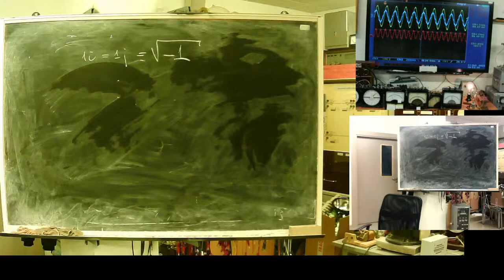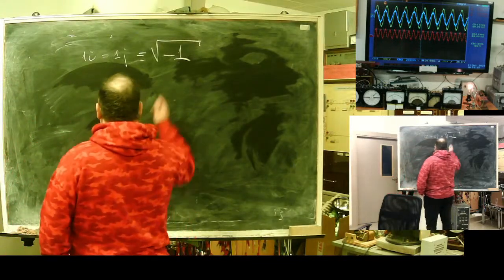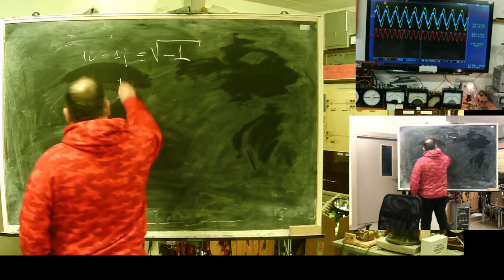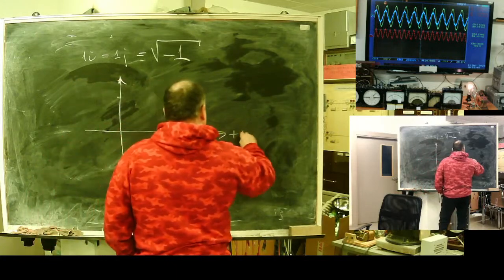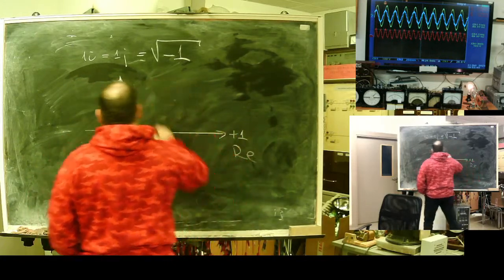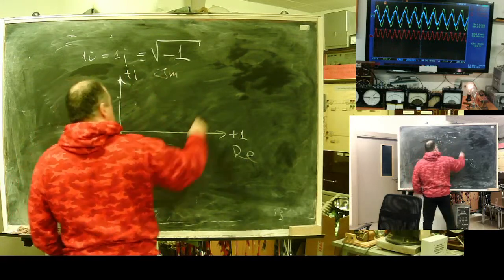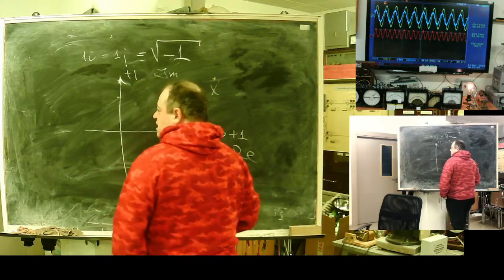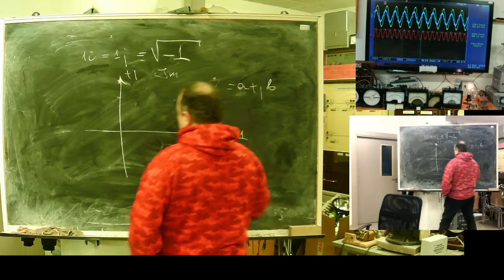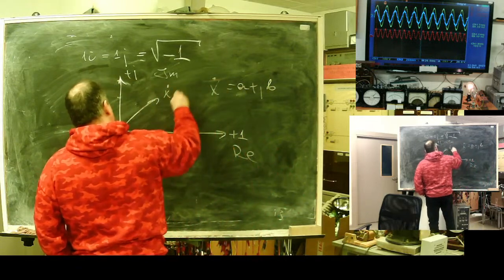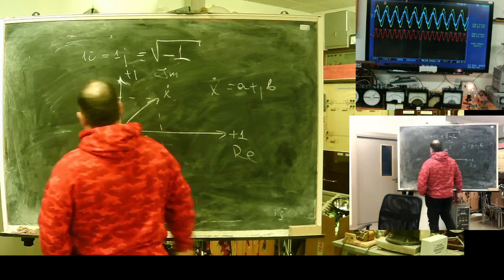In such a case, any number will have a real part and an imaginary part. And we can use a complex plane, with real axis +1 and imaginary axis. So let's say there exists some x as a plus jb, where x has real part a and imaginary part b.